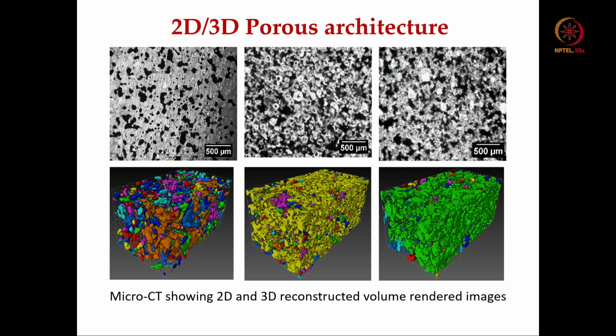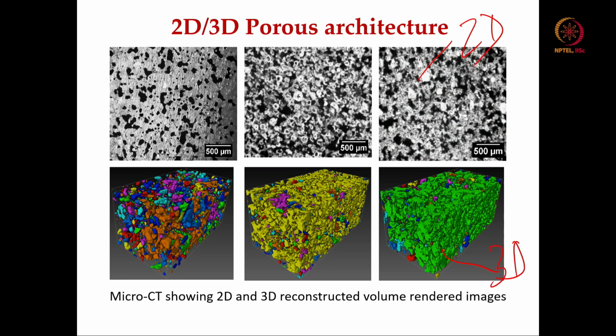We have utilized microcomputed tomography analysis, and you can see this analysis gives you not only 2D ortho slices, like the way I have shown, but also 3D volume rendered images.